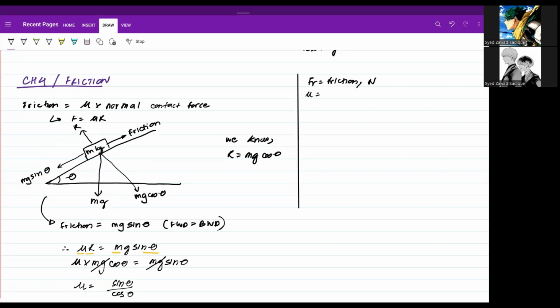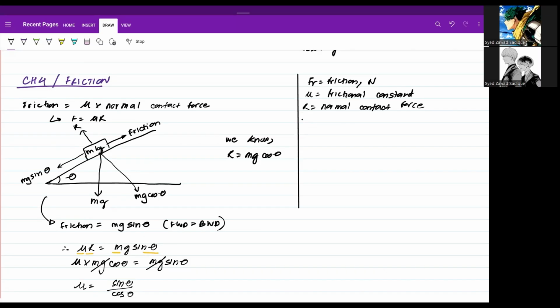Mu is the frictional constant. This has no unit. Constants have no unit, if you guys know. R is the normal contact force, in Newtons as well.